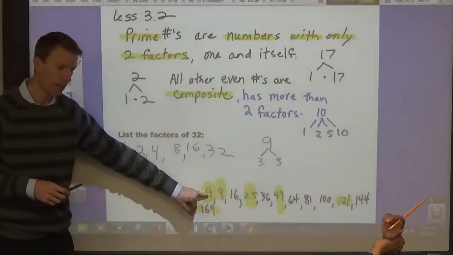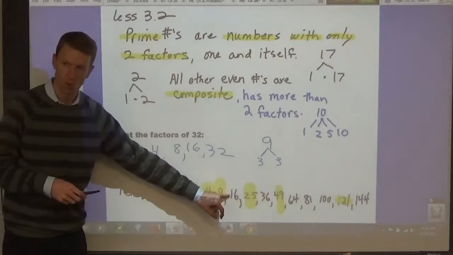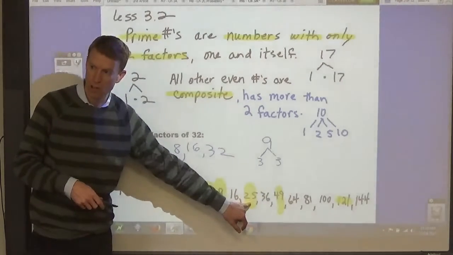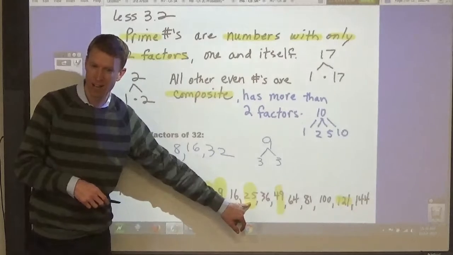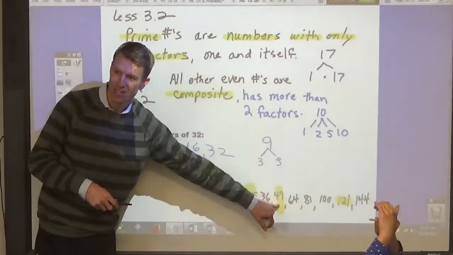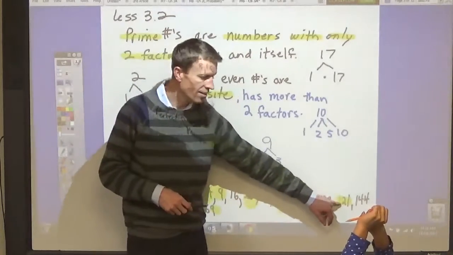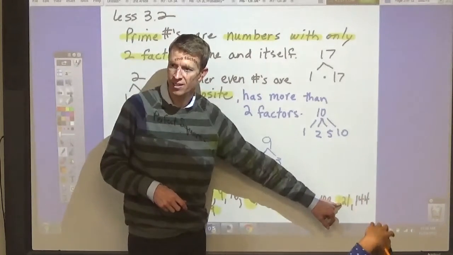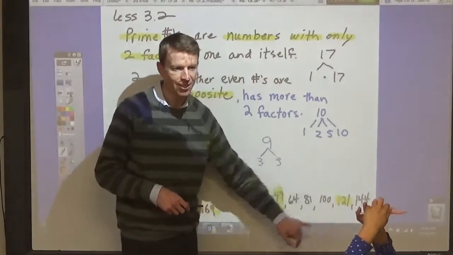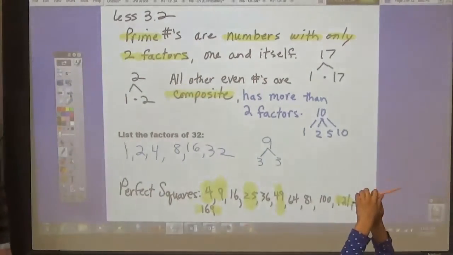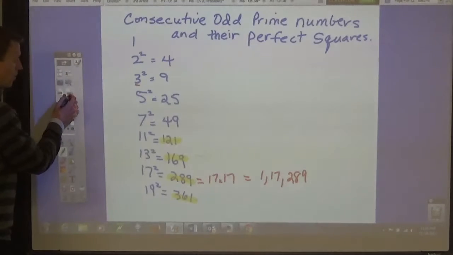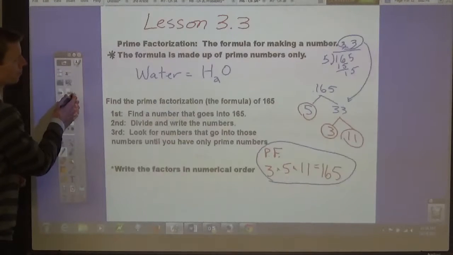So 1, 4, and 2. 1, 9, and 3. 1, 25, and 5. 1, 49, and 7. 1, 121, and 11. Does that make sense? So that's something cool about perfect squares of prime numbers.